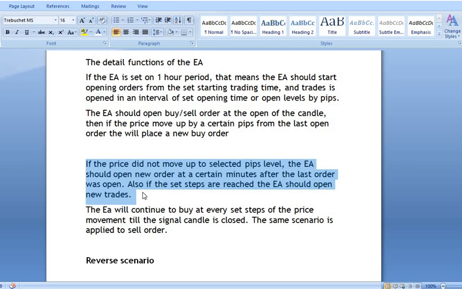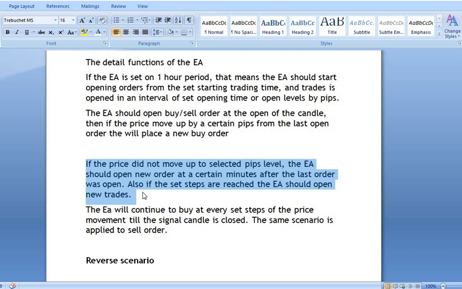Let's say from the opening price at the starting time of the candle, the price has already moved up by a certain pips, that means it's moving bullish, and after 5 minutes it has not reached 10 pips, which is the default setting of steps, but 5 minutes has elapsed, the EA should place a buy order.